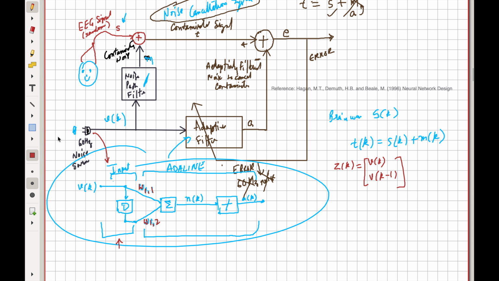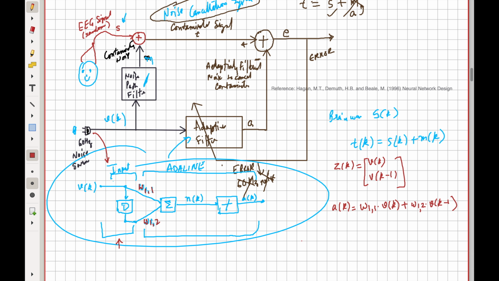The network then uses, as we saw, the delay taps to calculate the output estimate. So we use these delay taps to calculate the output A, and AK is equal to W11 times VK plus W12 times VK minus 1.